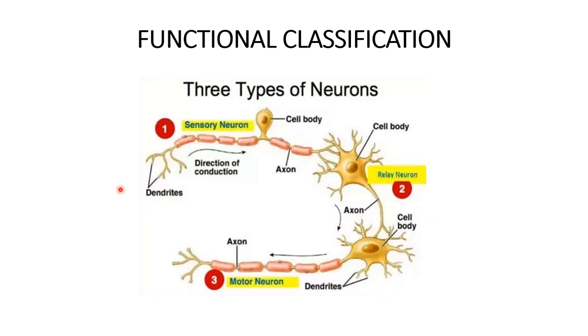You receive information from the environment, or you get a sensory stimulus which is passed on to the intermediate or relay neuron towards the CNS. Then from the CNS the information is received back about what has to be done towards the effector organ. So the functional classification is into three types: sensory, relay, and the motor neuron.